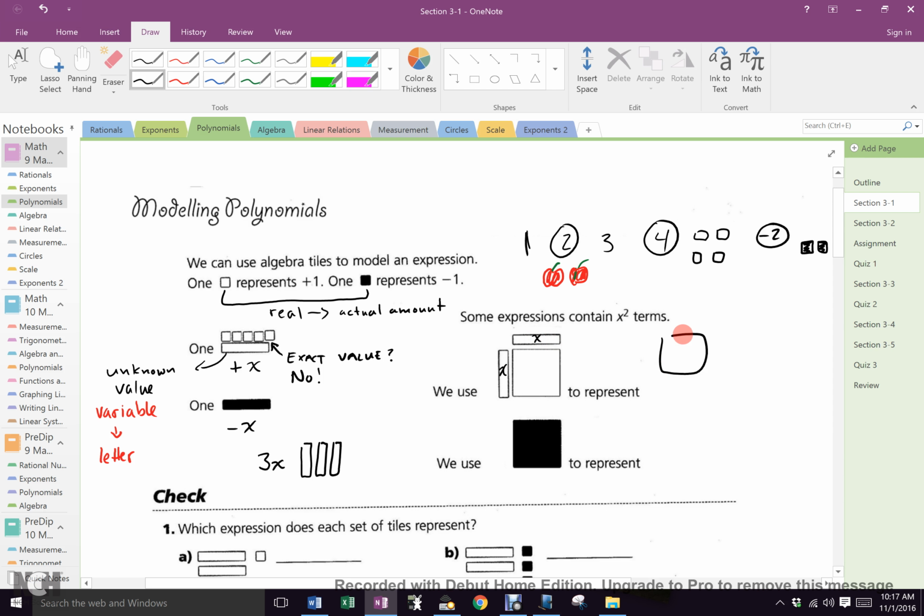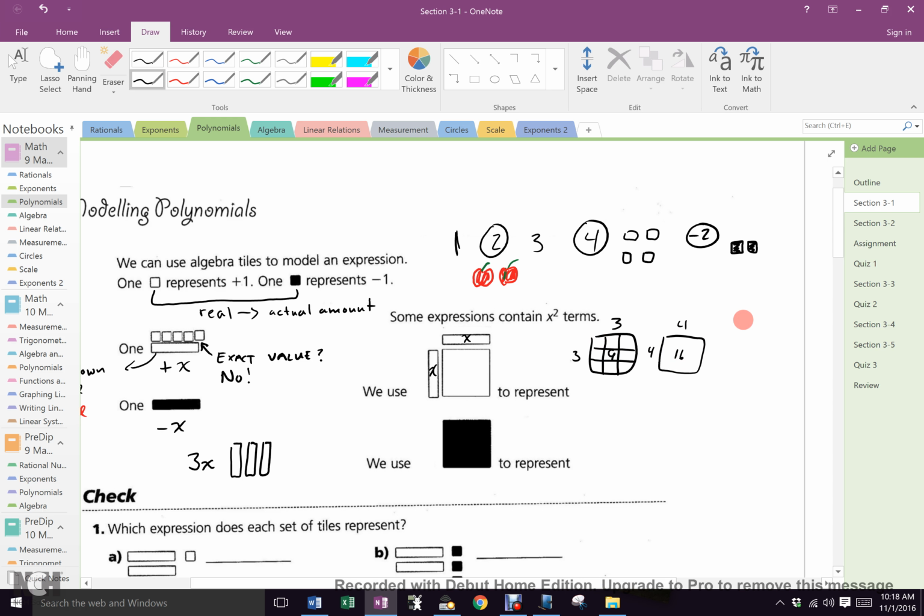So if this was 3 and 3, then how much would be in the middle? 1, 2, 3, 4, 5, 6, 7, 8, 9. Yes? What if we had 4 and 4? What would be in the middle? 16, because it's 4 times 4, right? What if I had 5 and 5? 25. Well, now I have x and x. So what is it? X squared.